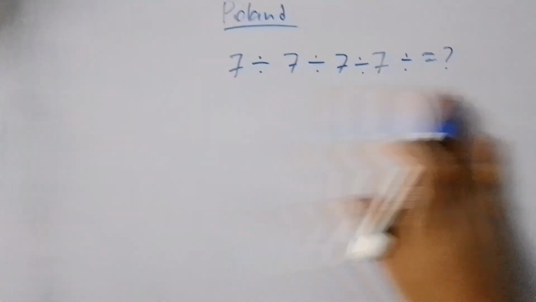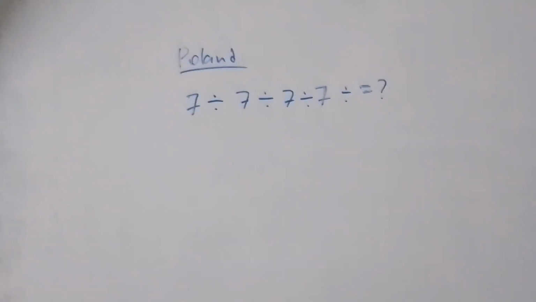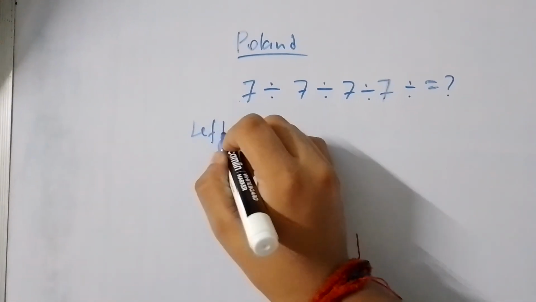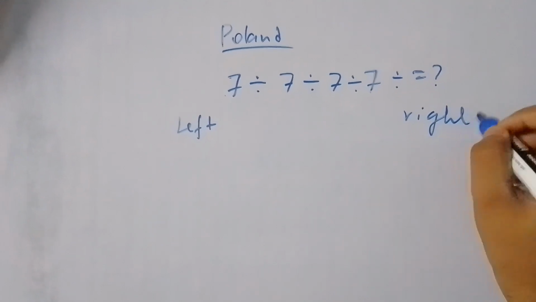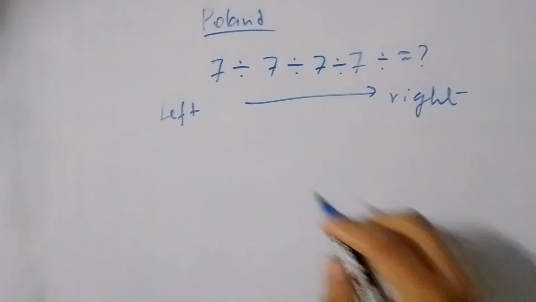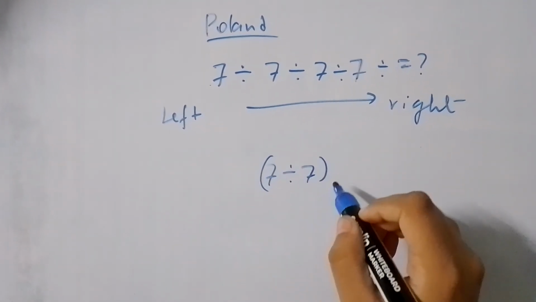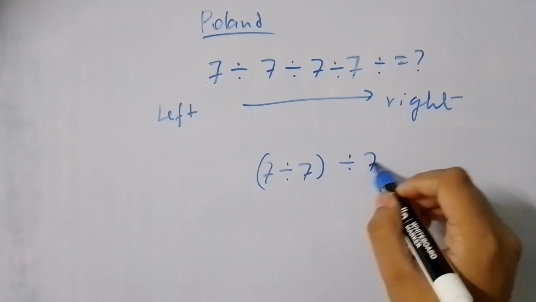What it says is that we need to do all the operations from left to right. So what we need to do is 7 divided by 7 first, then the rest.